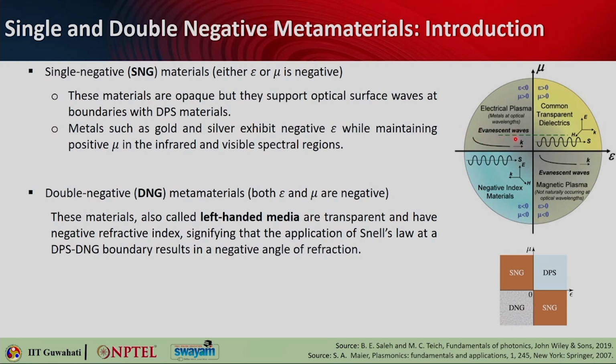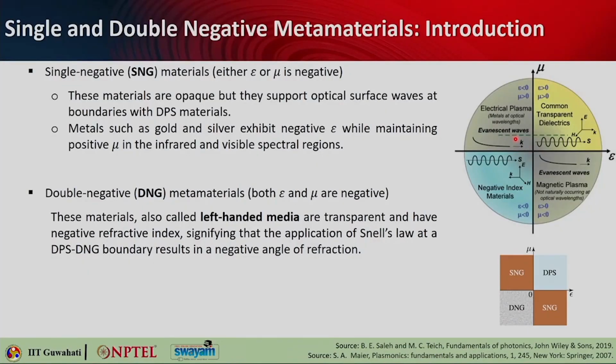They basically support evanescent waves inside them. However, remember that on the surface with a double positive material, you can have some sort of surface waves, which are the surface plasmon polaritons.